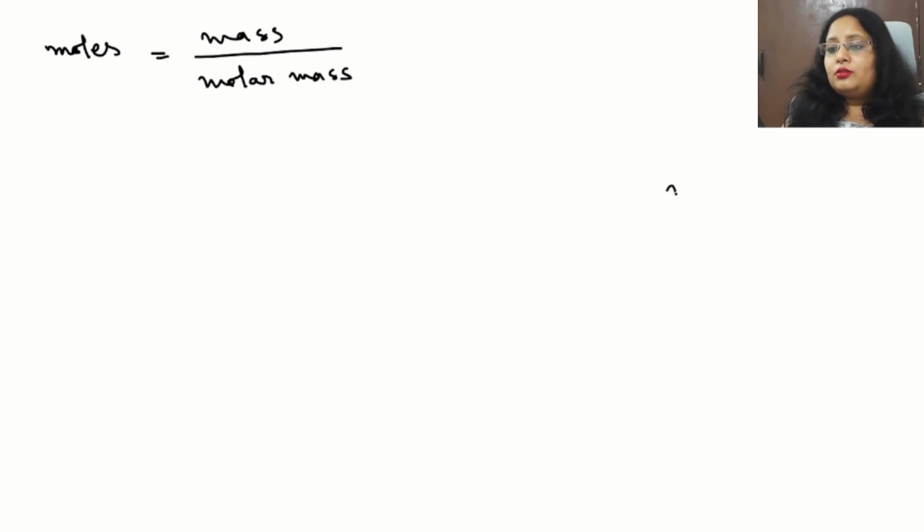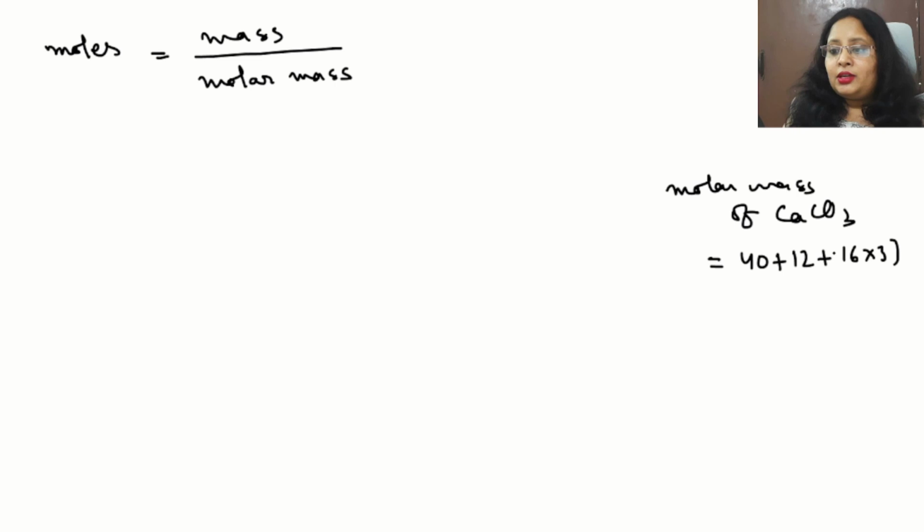So molar mass of calcium carbonate. Calcium's atomic mass is 40 plus carbon atomic mass 12 plus oxygen atomic mass 16, which in turn is multiplied by 3, since 3 atoms are there. After all, we will get 100. So molar mass of calcium carbonate is 100.